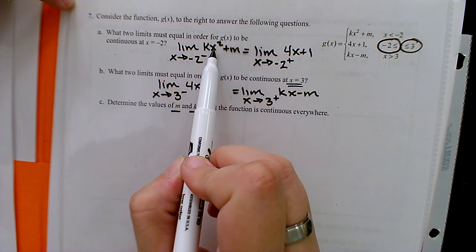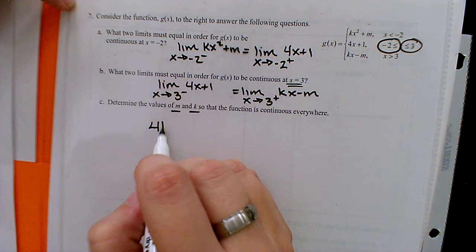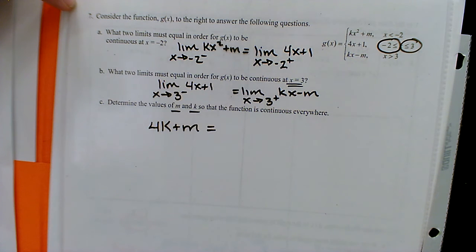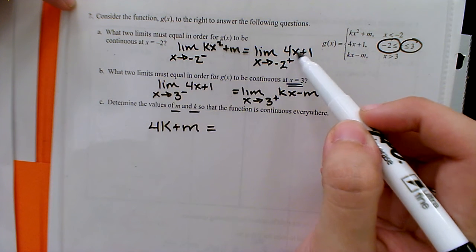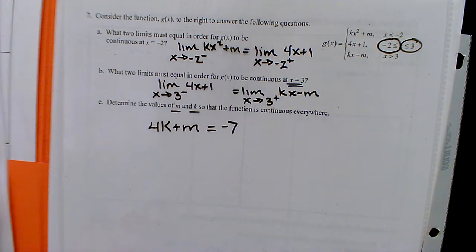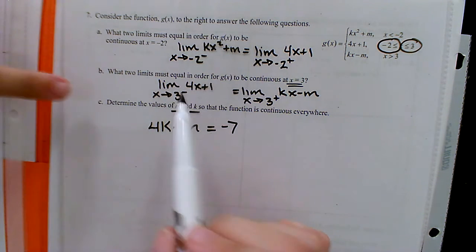If you plug in -2 for x, we'd have -2 squared, which would be 4. And if we plug in -2 for the right-handed limit, we'd have -8 plus 1, which is -7. So there's one equation we're going to utilize.